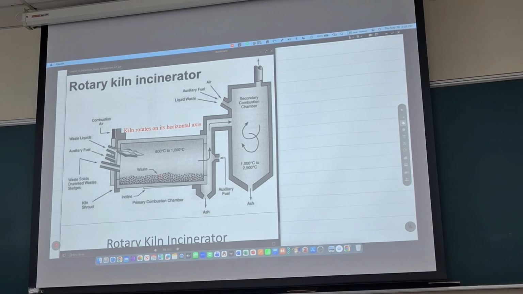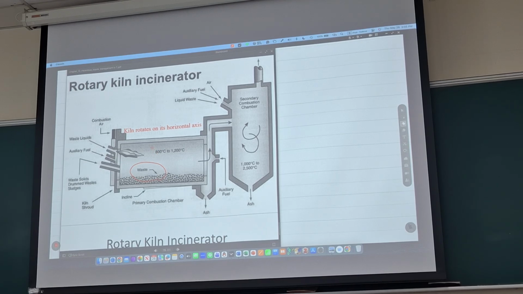As I just mentioned, we put the waste inside this cylinder, and this cylinder rotates on its horizontal axis.